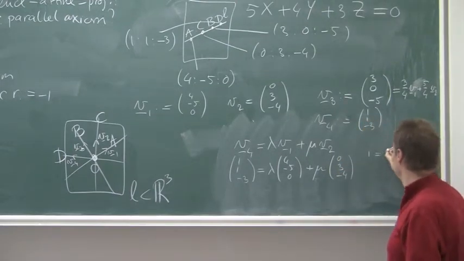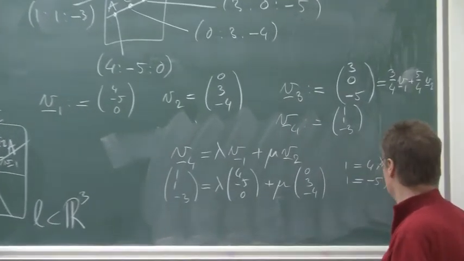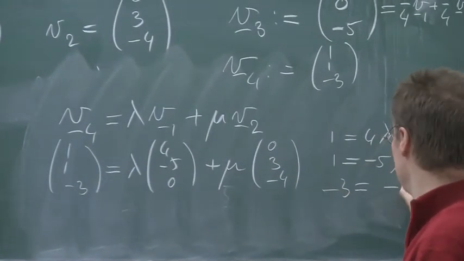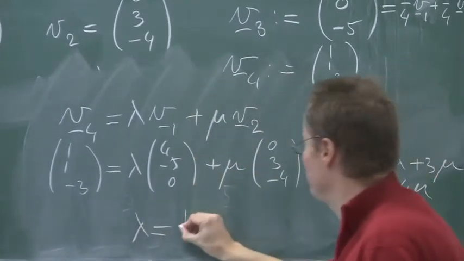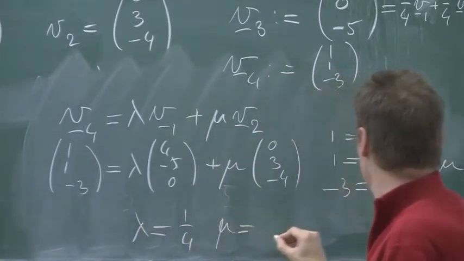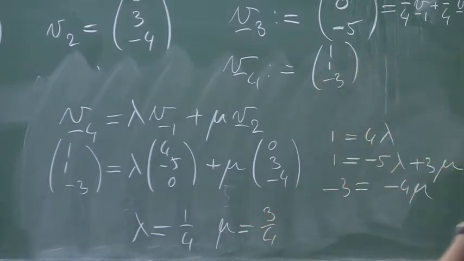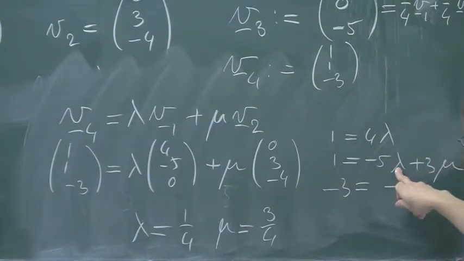So 1 equals 4 lambda, 1 equals minus 5 lambda plus 3 mu, minus 3 equals minus 4 mu. So lambda equals 1 over 4, and mu equals 3 divided by 4.